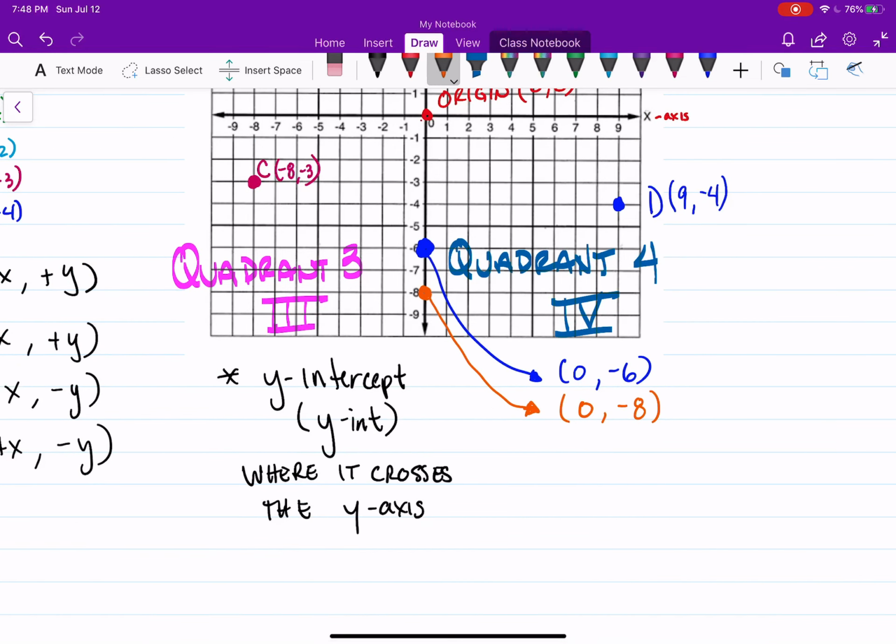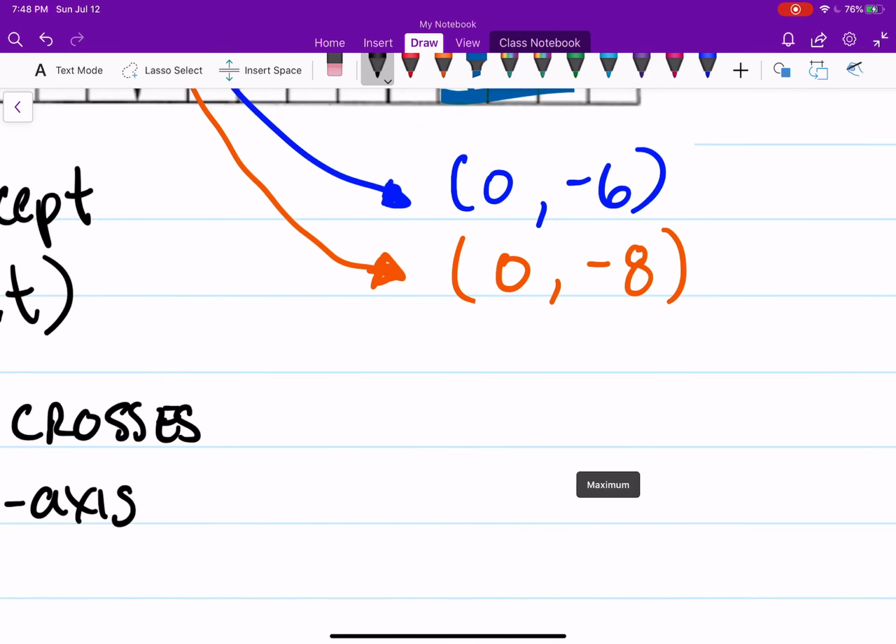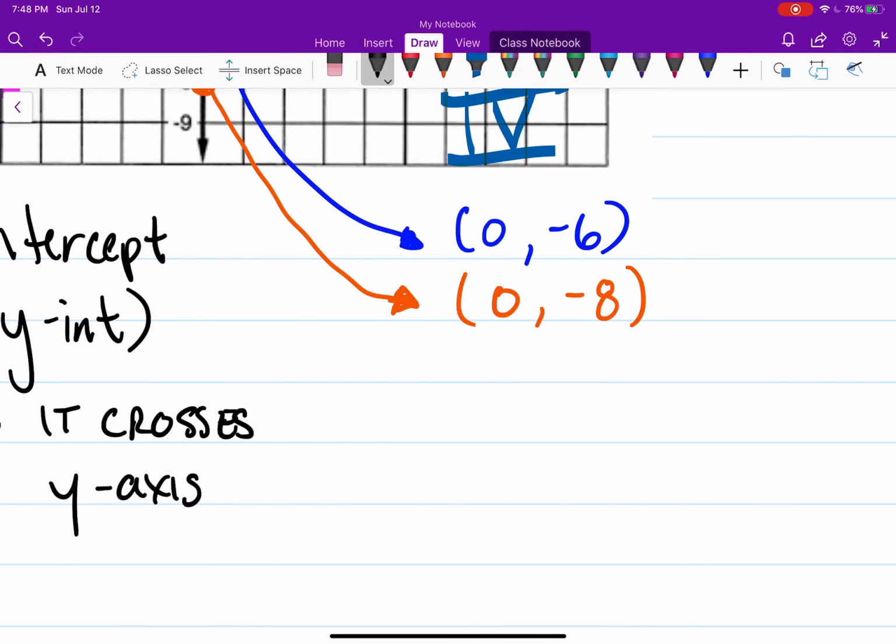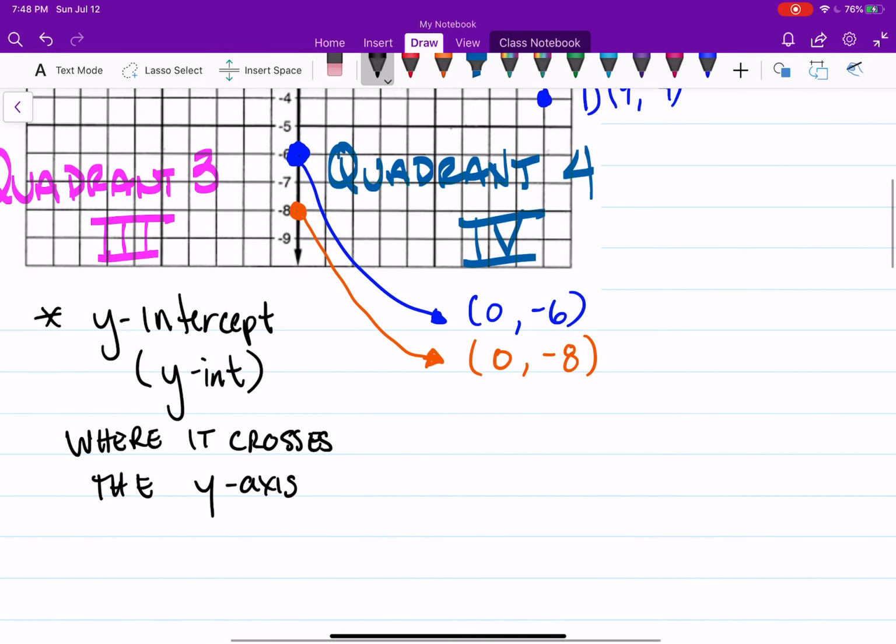But what do you notice about these two y-intercepts in terms of the point? That's right, the x value is 0. So anytime you have a y-intercept, it's always 0 comma some y value. Remember that, it's important. In the y-intercept, the x value is always equal to 0.